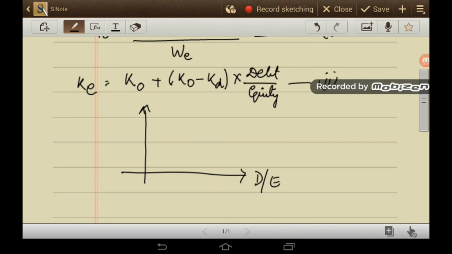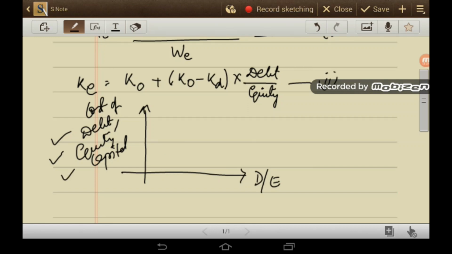Here is the cost of debt, equity and capital. So on the y-axis we have cost of debt, cost of equity and cost of capital. So cost of debt and cost of equity, this is the overall cost of capital, and this is the cost of equity.